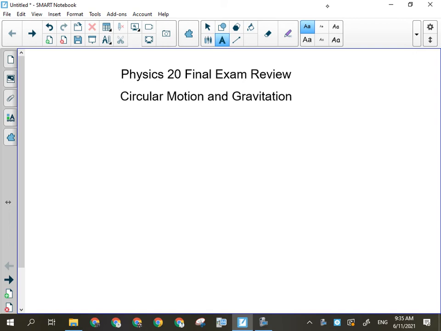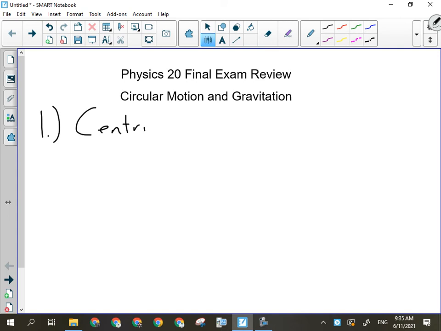Okay. So, key concepts from this unit. There's going to be a bit of multiple choice about the principles of circular motion in general. Circular motion occurs if there is a centripetal force. A centripetal force obviously causes a centripetal acceleration.